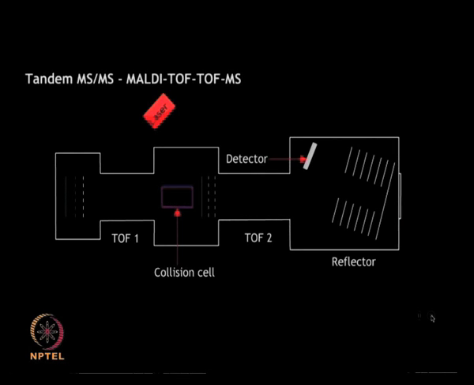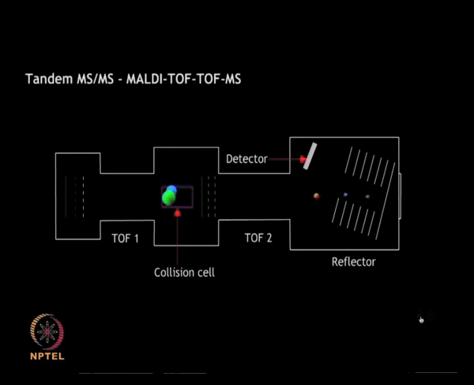The different types of tandem MS-MS configurations, such as MALDI-TOF. The MALDI-TOF MS is a common tandem MS configuration in which the ions are first resolved on the basis of their time of flight in the first TOF analyzer. The selected ions enter the collision cell, where they are further fragmented.